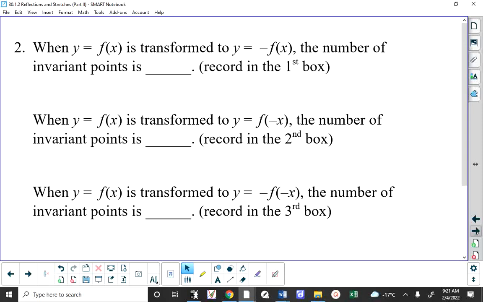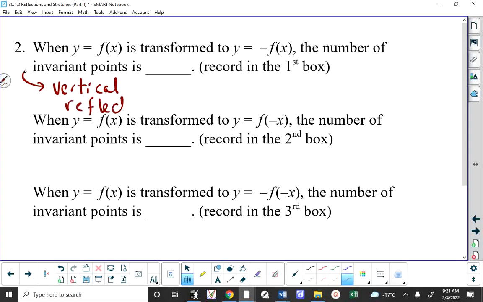So we understand, I'm not going to worry about the precise answers here, but we understand that the first part is a vertical reflection. And the reason it's a vertical reflection is because you have y equals negative f of x. So you're multiplying the original function, which is y, times -1. So what happens here is the mapping becomes this, which isn't really important to answering the question necessarily, but that's what's happening.